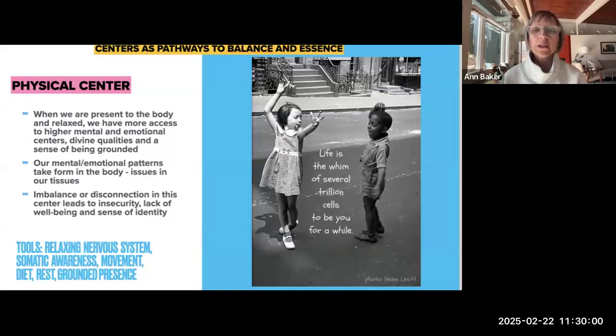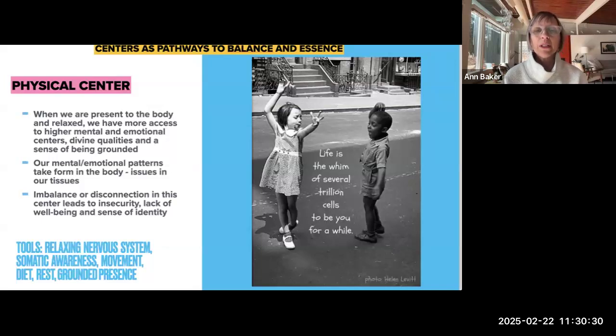So, using somatic awareness. I love this photo of these children. "Life is the whim of several trillion cells to be you for a while." So, it's really celebrating that we are in these bodies. They can be challenging sometimes, but connecting our mind and our emotions with our bodies really can help heal the body.